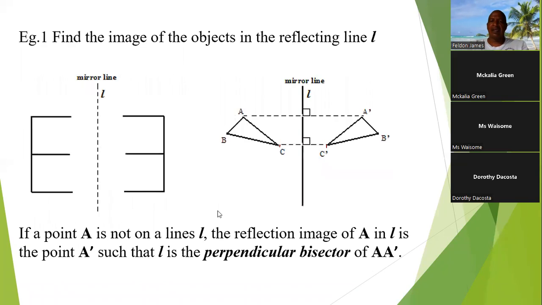So whatever the size of the angle is at C, if C is 30 degrees, your image will have an angle of 30 degrees as well. So if this is an angle X, then this angle is also going to be X. So reflection preserves angles.